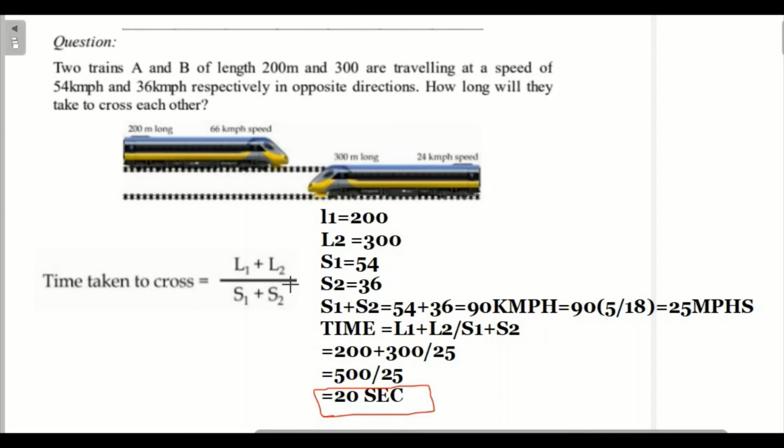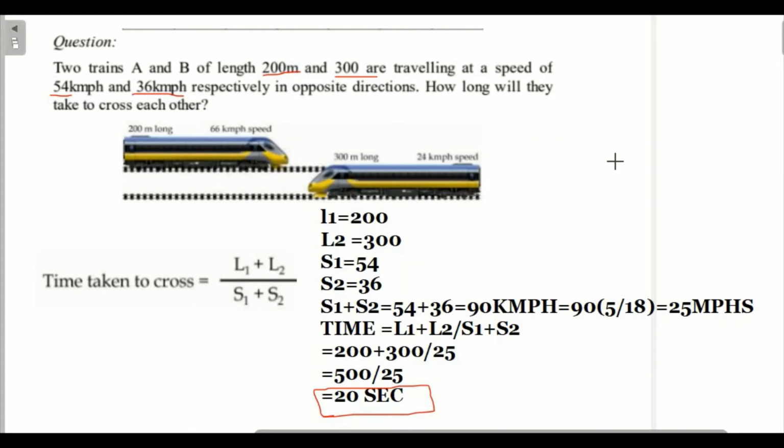So we have two trains. The first train length is 200 meters and the second train length is 300 meters. The first train speed is 54 km/h and the second is 36 km/h. They are moving in the opposite direction, and we have to calculate how much time they take to cross each other.